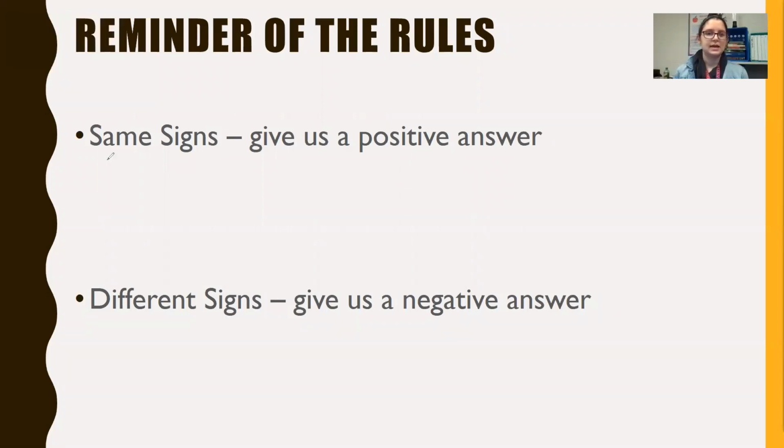The first is that if we have same signs when we're dividing, we get a positive answer. So for example, positive 2 divided by a positive 1 gives us a positive 2, but a negative 2 divided by a negative 1 also gives us a positive 2. Then different signs give us negative answers.